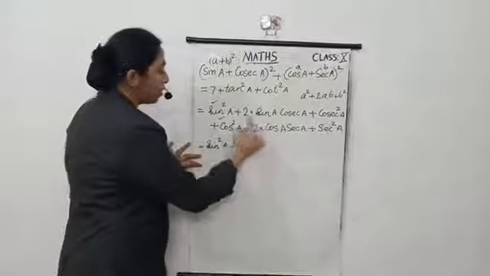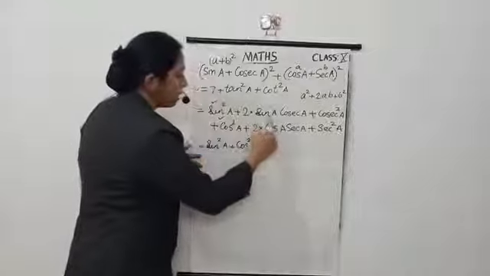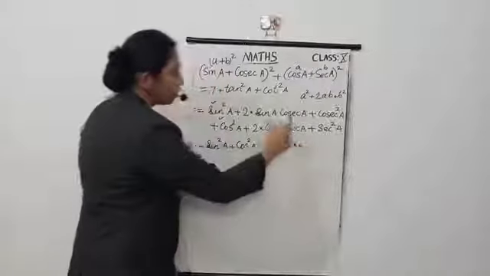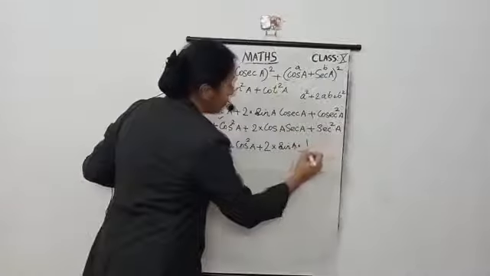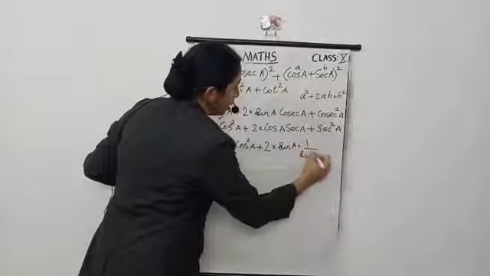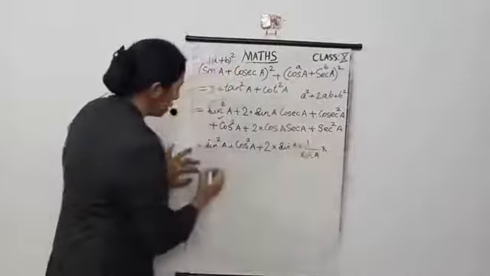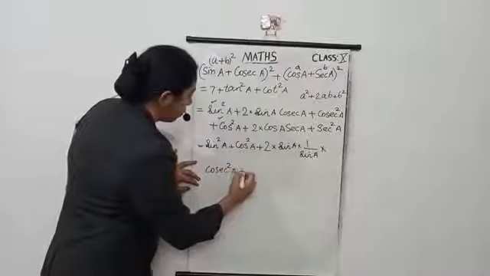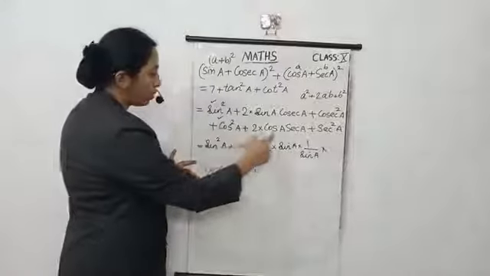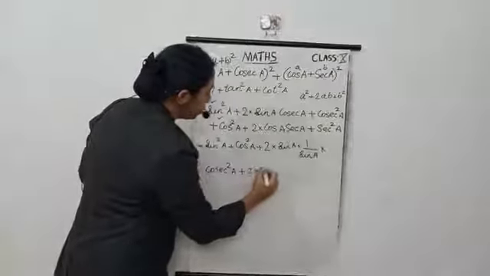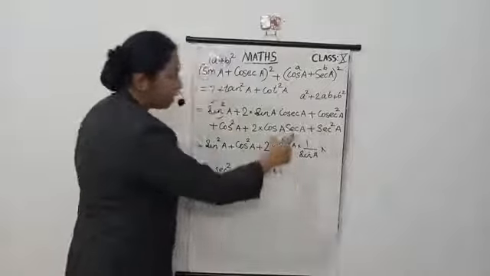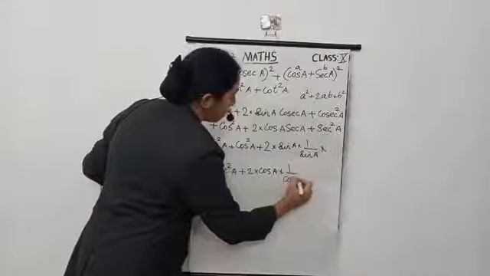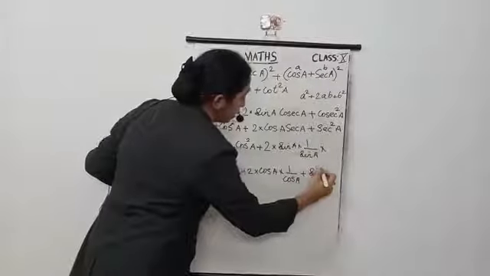Now plus 2 into sin A into cosec A, which means 1 by sin A, plus cosec square A, which we already took. Now this 2 into cos A into sec A, which is 1 by cos A, plus sec square A.